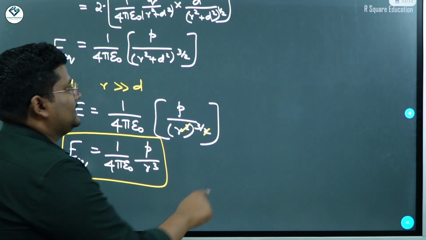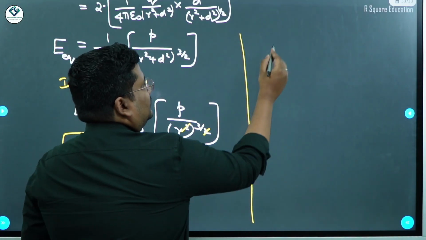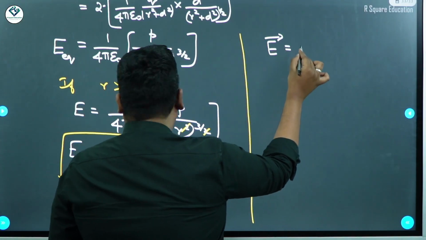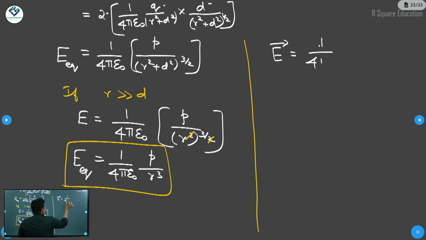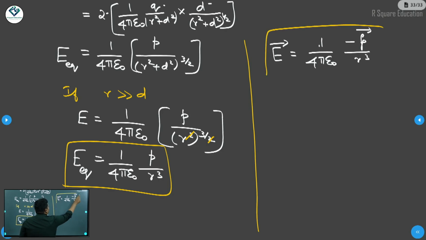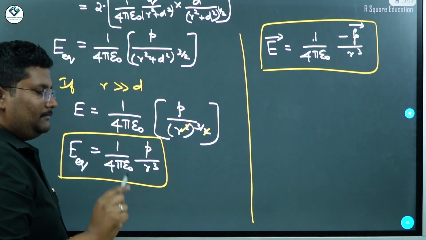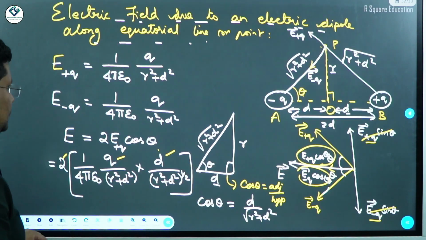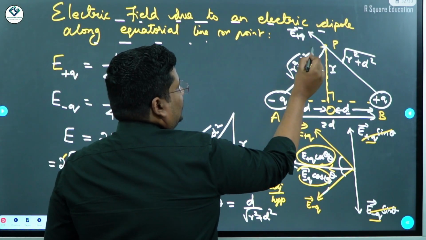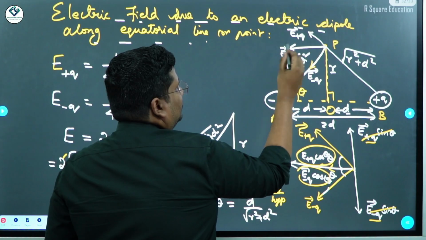Okay. If you consider the vector, E vector will be equal to 1 by 4 pi epsilon naught minus P vector whole divided by R cube. Why minus? Because in this case this is going to be the resultant electric field.